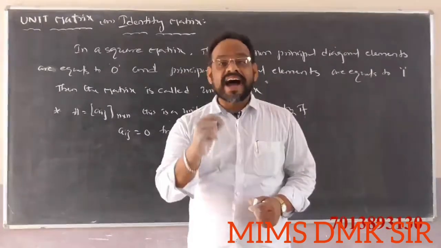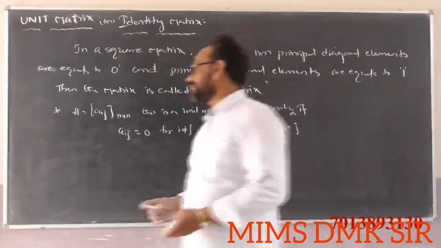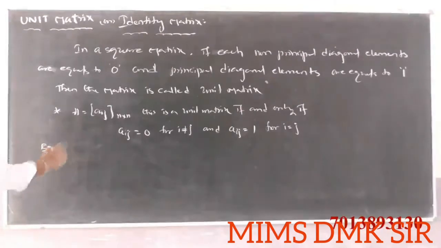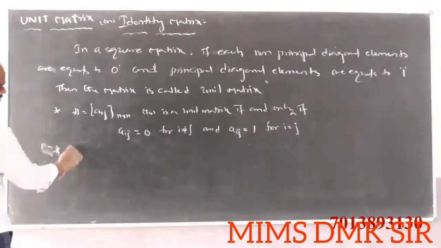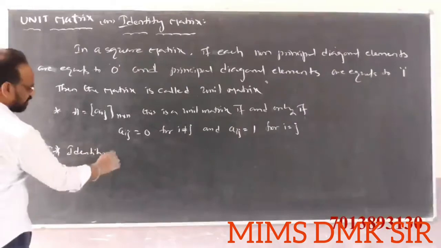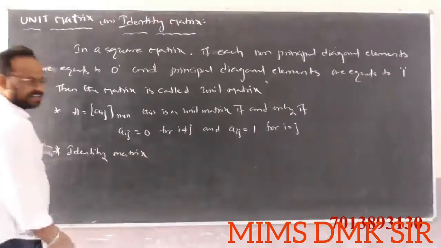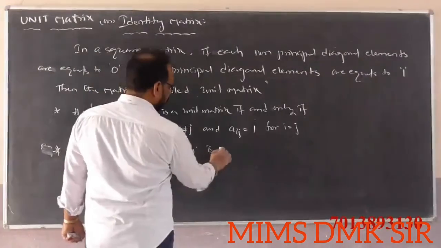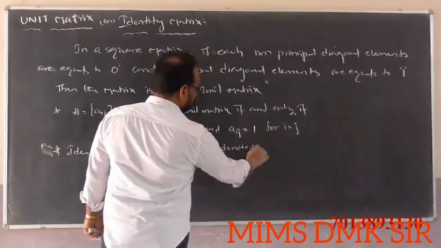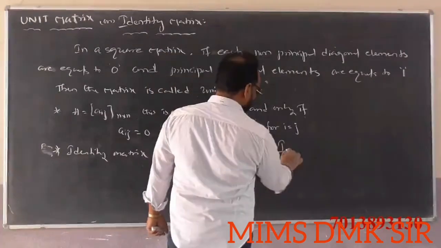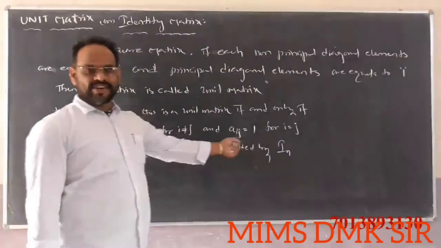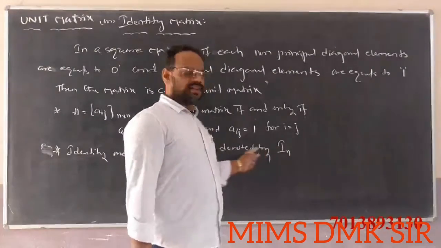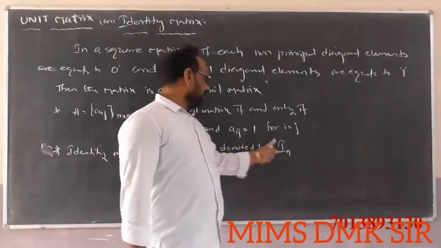Observe here, an identity matrix or unit matrix of order n is denoted by I_n. Clearly the order is n, so it is denoted by I_n.